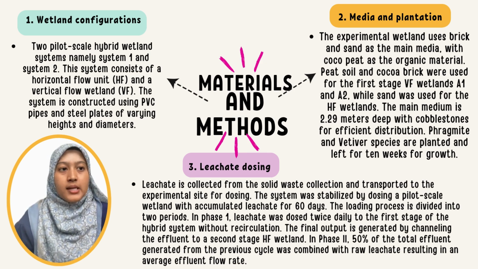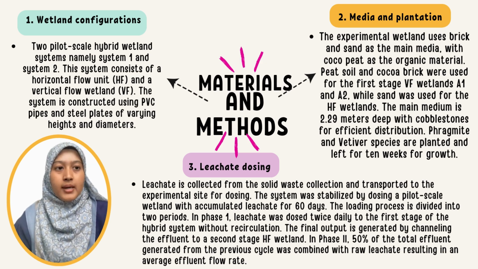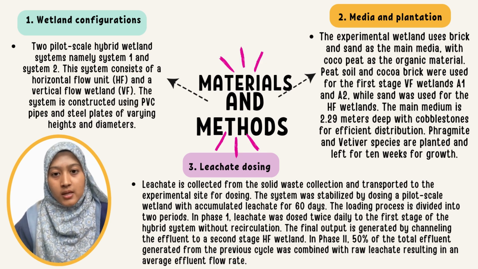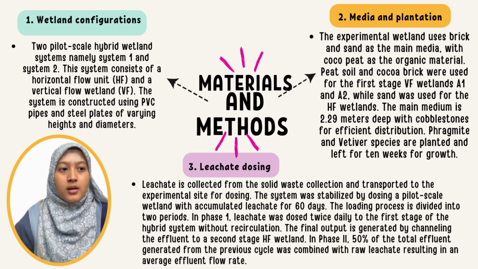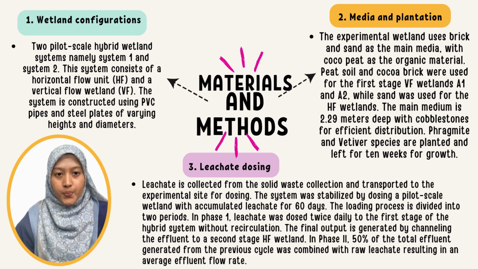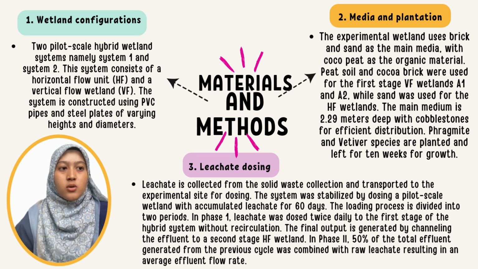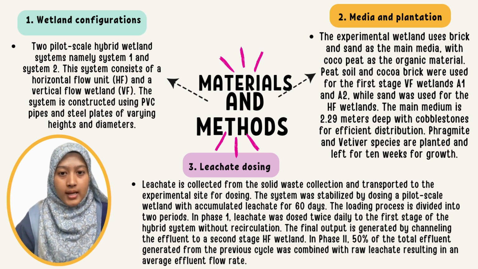Number 2, media and plantation. The experimental wetland used brick and sand as the main media, with cocoa peat as the organic material. Peat soil and cocoa bleach will be used for the first stage VF wetlands A1 and A2, while sand was used for the HF wetland.